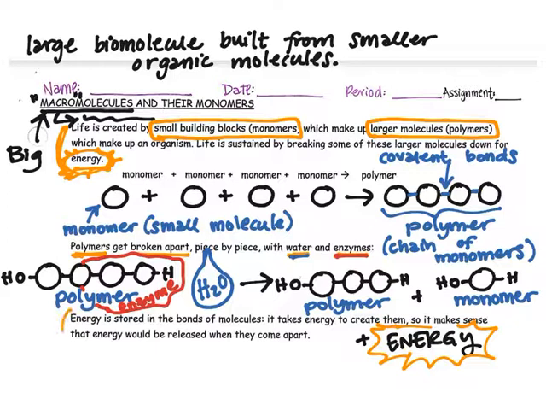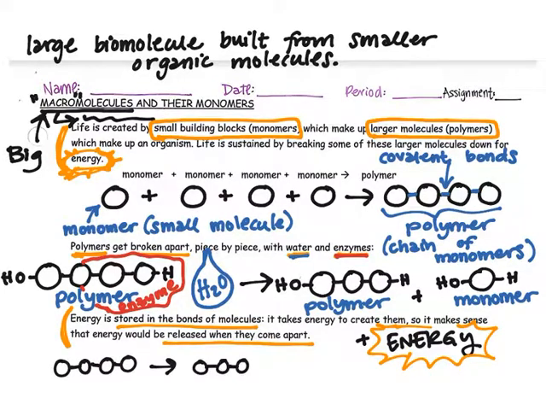So let's read. Energy is stored in the bonds of molecules. It takes energy to create them, so it makes sense that energy would be released when they come apart. So know that when a polymer gets broken down into smaller pieces, we also release the energy that was stored previously in that bond.